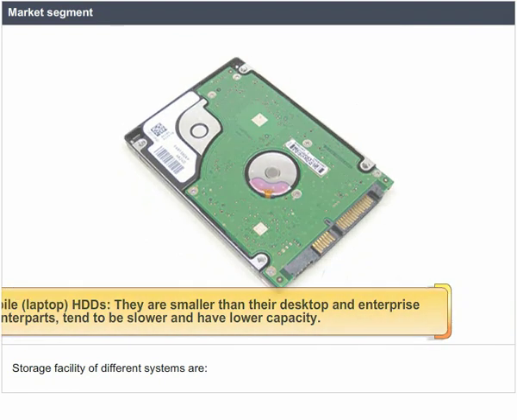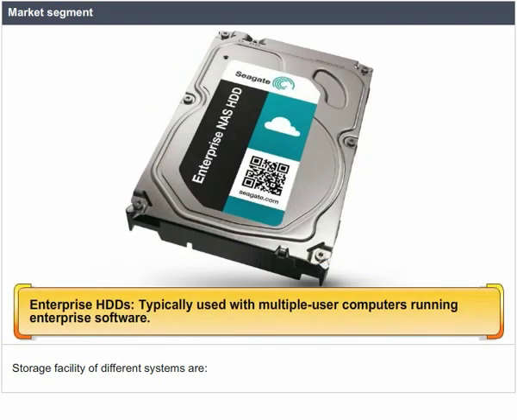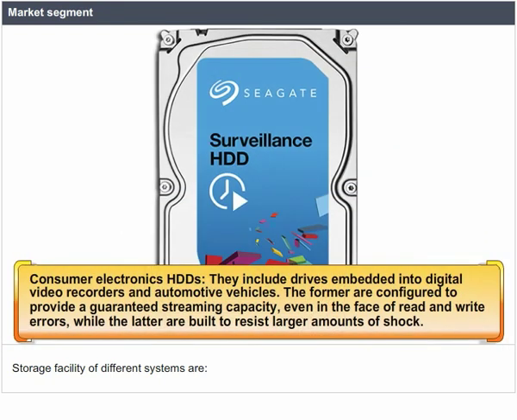Enterprise HDDs are typically used with multiple user computers running enterprise software. Consumer electronics HDDs include drives embedded into digital video recorders and automotive vehicles. The former are configured to provide a guaranteed streaming capacity, even in the face of read and write errors, while the latter are built to resist larger amounts of shock.